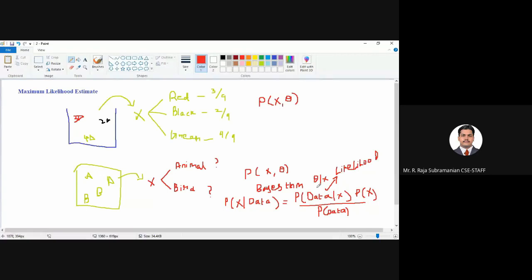What are the challenges that will occur when I estimate P of theta given X? Condition number one: if the history is not available properly, then I cannot estimate this likelihood function clearly. Why? Because if I want to answer X is equal to animal or X is equal to bird, I need the data with respect to that.